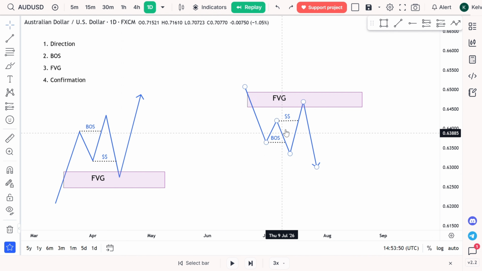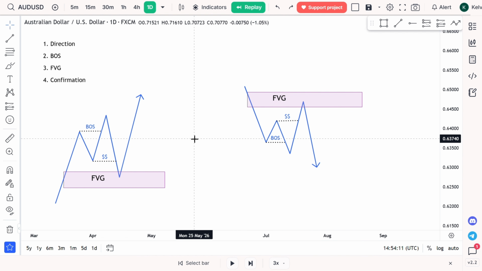And in the bearish case, we have a break of structure, and if there is an order block here to take your sells from, and you find that there is a fair value gap just above that area, it will help you not to take any trade from that order block that is presented around that area.